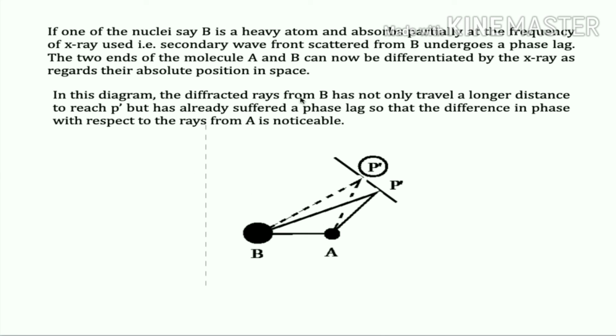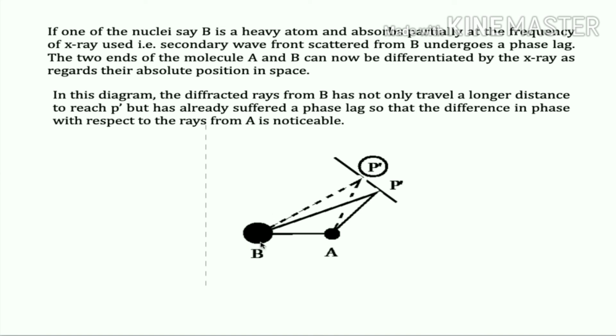So the diffracted rays from B have not only traveled a longer distance to reach P dash but have already suffered a phase lag, so that the difference in phase with respect to the rays from A is noticeable. So B has now absorbed, and after absorbing, the phase has been lagged.